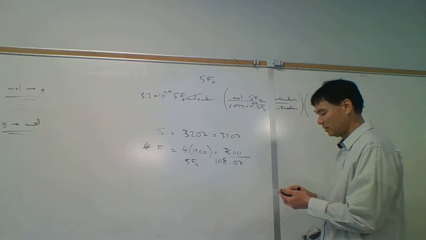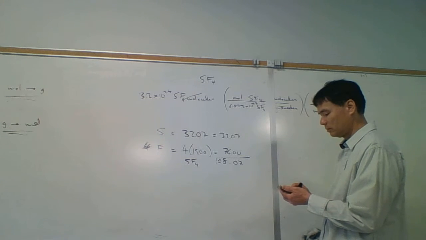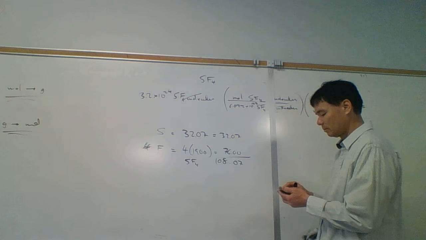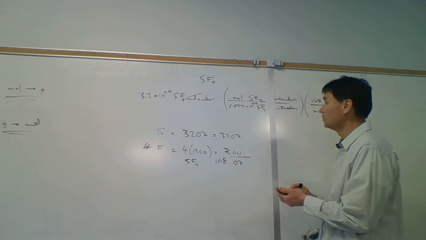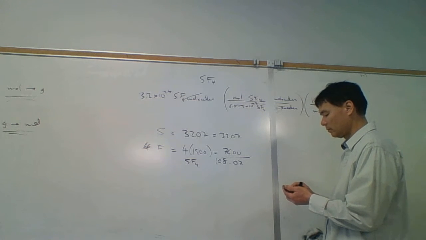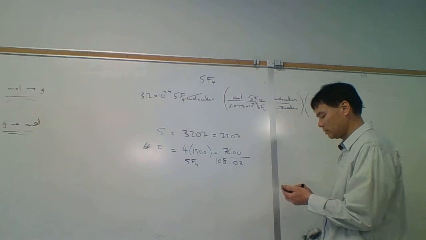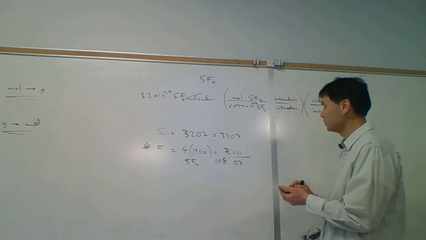Did I get it right? No, I think I got it wrong. 3.2 times 10 to the 24 divided by 6.022 times 10 to the 23rd.